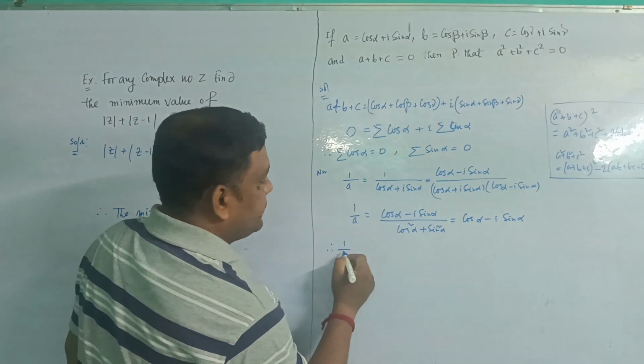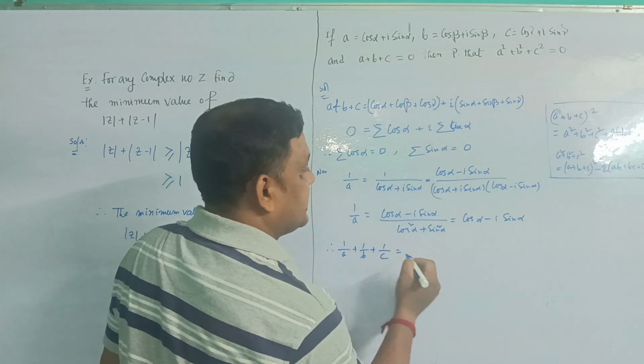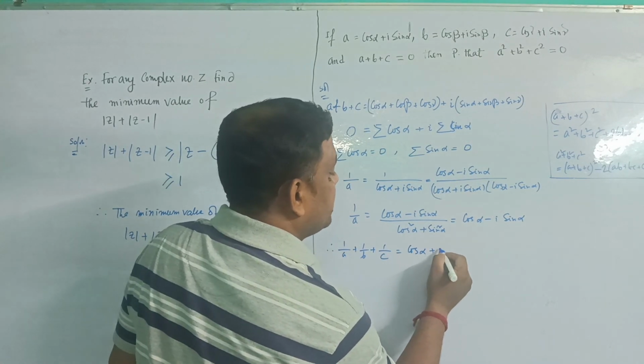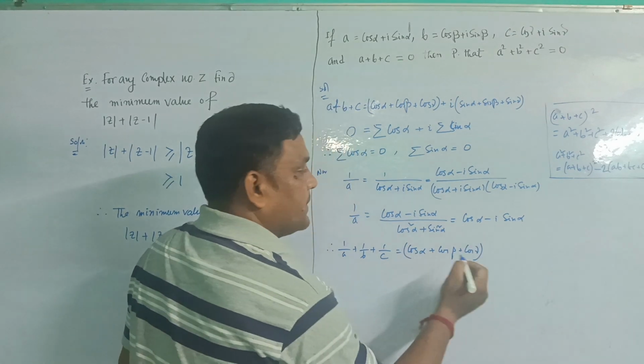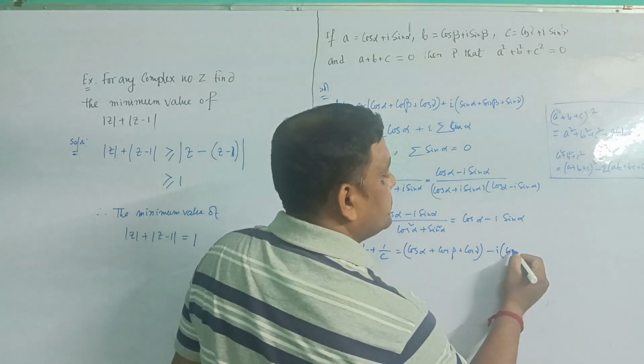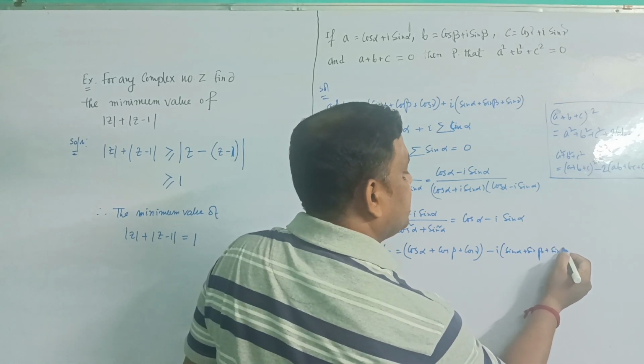So 1 by a plus 1 by b plus 1 by c can be written as cos alpha plus cos beta plus cos gamma minus i into sin alpha plus sin beta plus sin gamma.